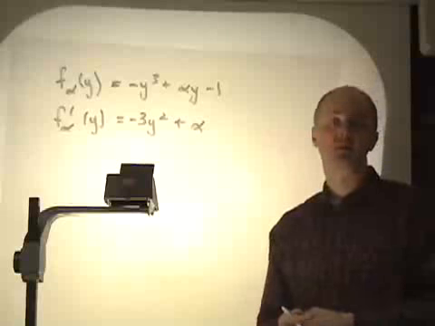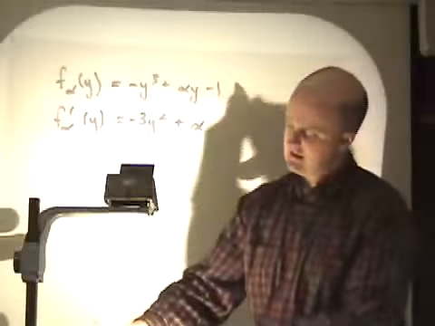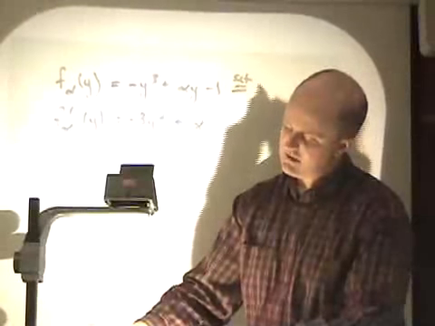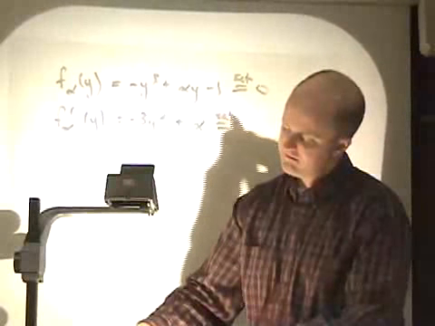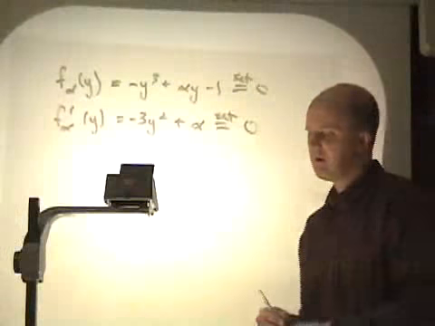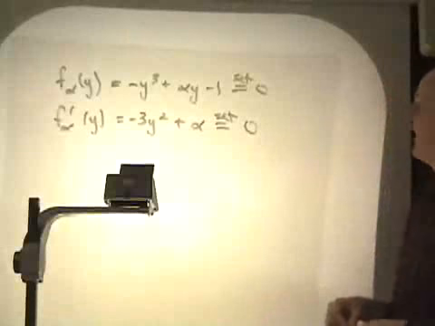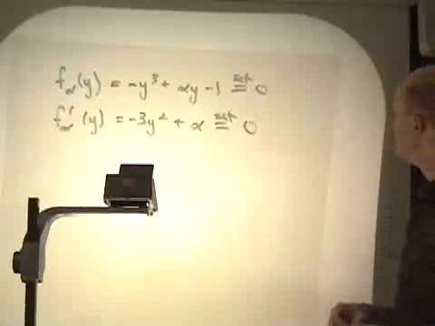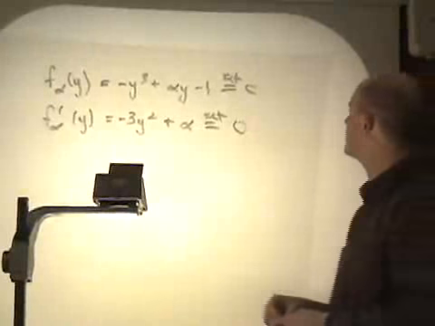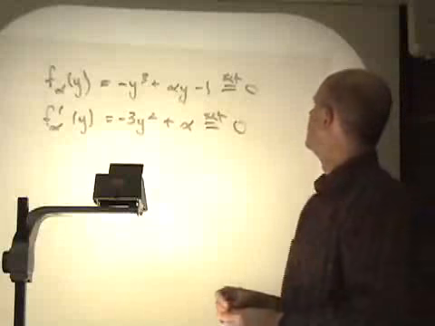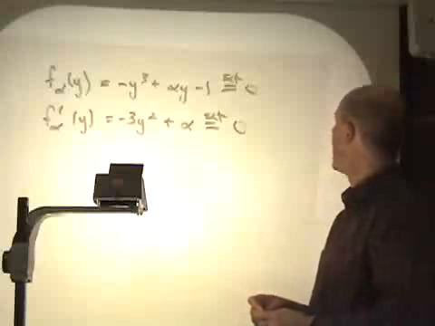It's really a system of two equations and two unknowns. Set these both equal to 0 and solve for alpha and y. Can we do that? Yes, you can.